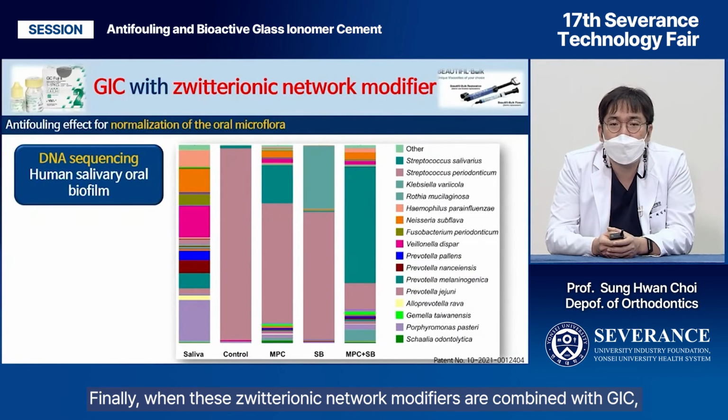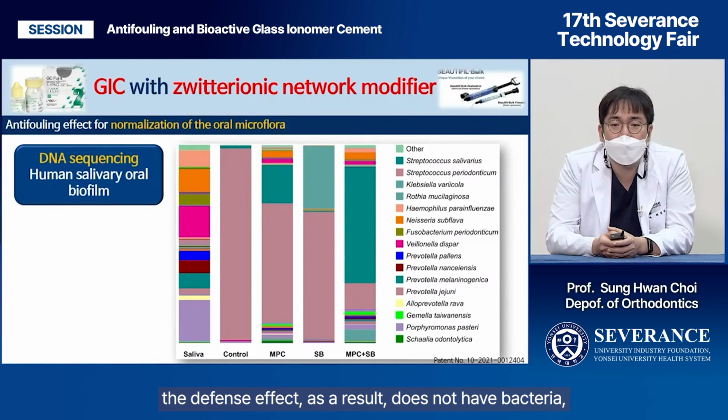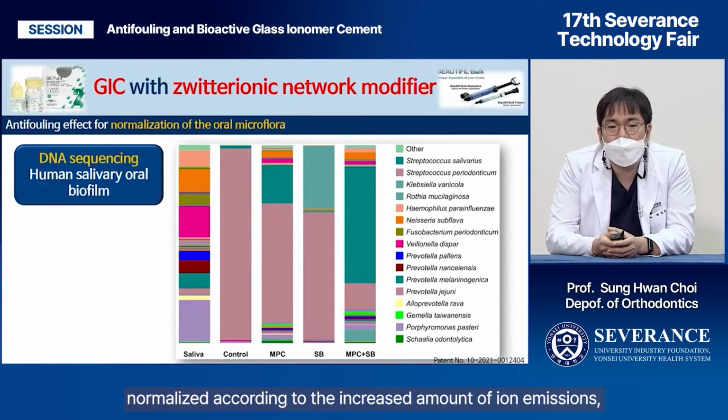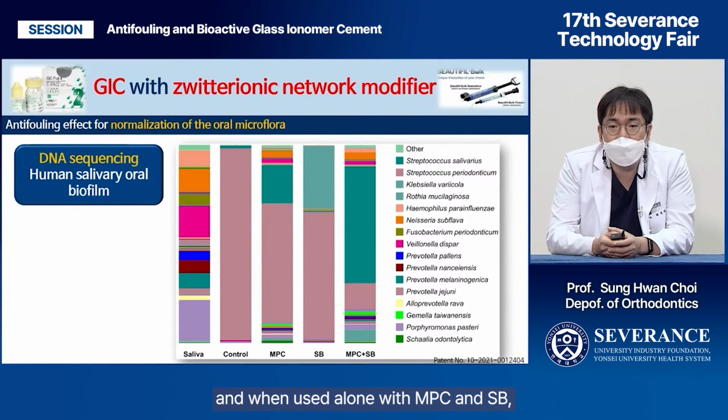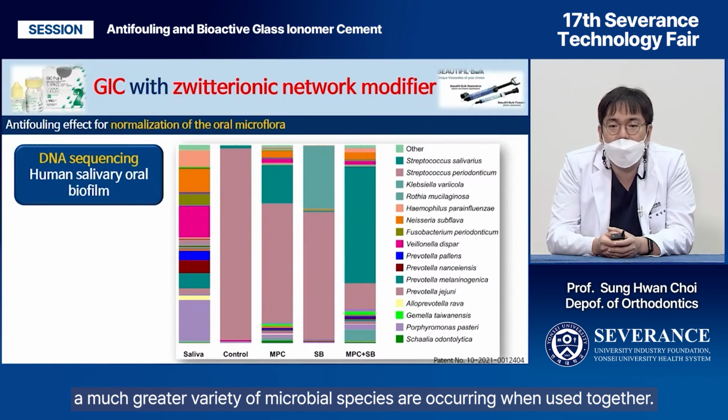Finally, when these zwitterionic network modifiers are combined with GIC, as a result, the defense effect not only kills bacteria, but also the structure of bacteria and microorganisms is normalized according to the increased amount of ion emissions. Many different bacteria and microorganisms live in conventional saliva, and when MPC and SB are used together, a much greater variety of microbial species occurs than when used alone.